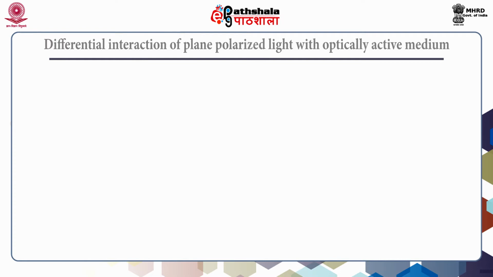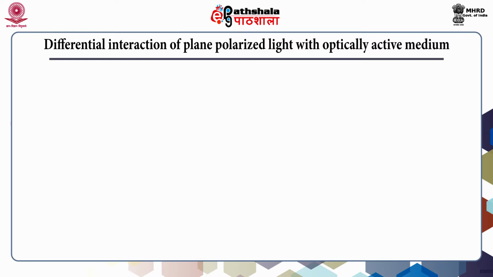This slide shows the differential interaction of plane polarized light with an optically active medium. You can see the incident light is plane polarized light, not a circular one. When it passes through the optically active medium, the linearly polarized light interacts with the medium in a particular way, such that the plane of polarization is rotated toward one side.